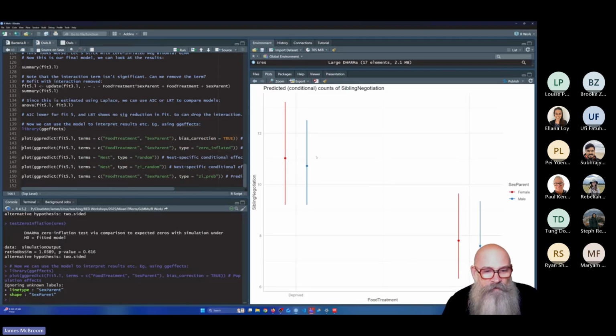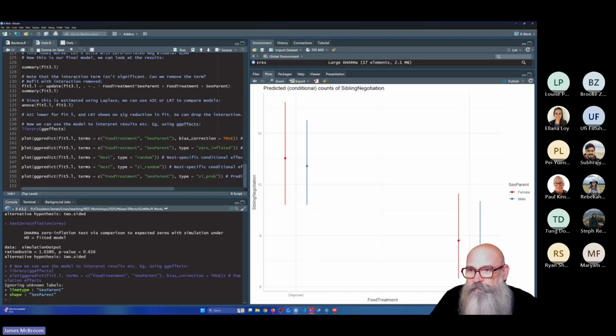And you can see that while there doesn't appear to be a gender effect in the predicted counts of begging, all right, so the blue is male, red is female. There's no real difference, and the bars are the confidence intervals around them. But you can definitely see that there's a difference between the food deprived and the satiated average numbers of begging attempts.